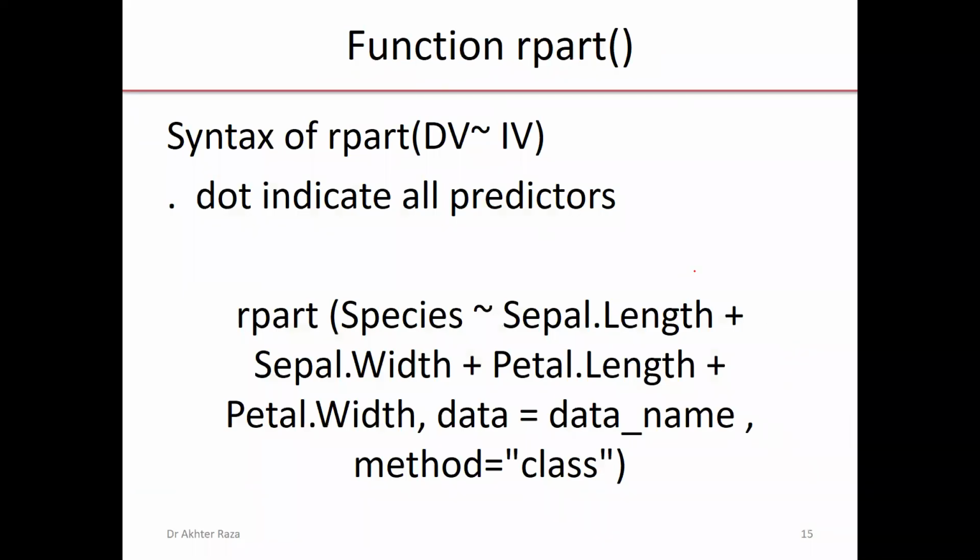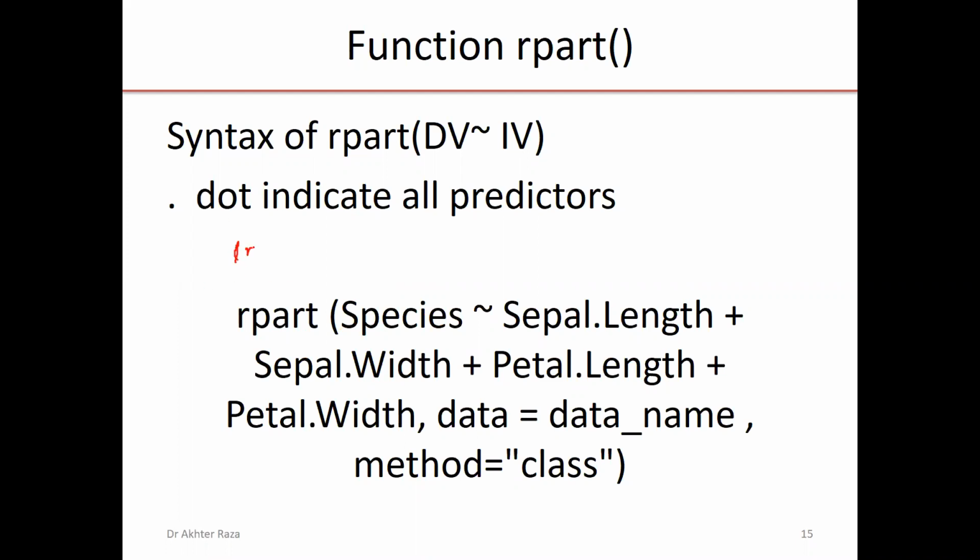Now another algorithm we are going to use is rpart. It is a classification tree, and in this classification tree we want to use rpart. Rpart is another algorithm, called regression classification. So how is rpart used? In the rpart command, you first have to specify species, which is the dependent variable, then all of the independent variables. This is the same syntax as you use in lm.